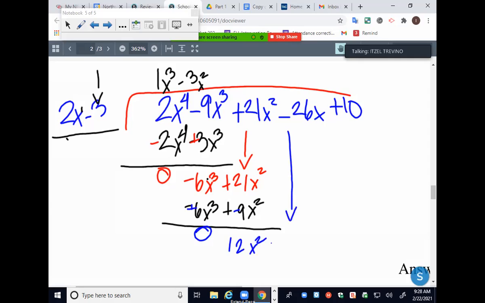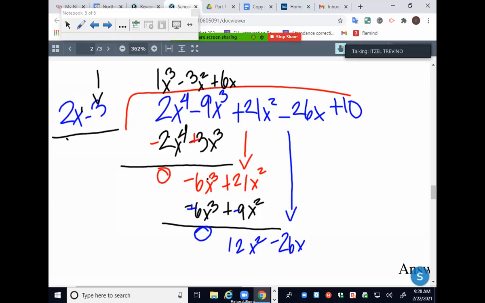So what's next is minus 26x. And we're going to do it again. 2 goes into 12 six times. So I'm going to put plus 6. We're all positive here. And 2 minus 1 is 1. So I'm just going to put x.